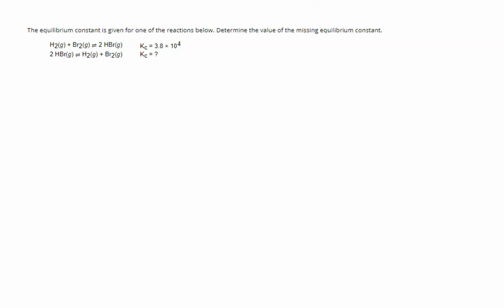And that's all we really need to know to solve this problem, because, let's see here, the equilibrium constant for a forward reaction is going to equal 1 over the equilibrium constant for the reverse reaction. So all we have to do for this is to say, or vice versa, the equilibrium constant for the reverse reaction is going to be 1 over the equilibrium constant for the forward reaction.